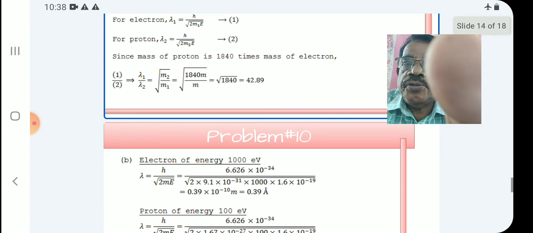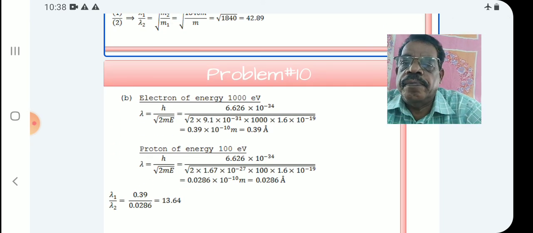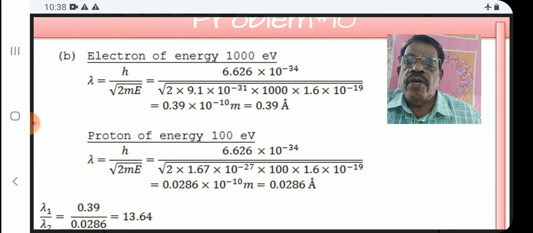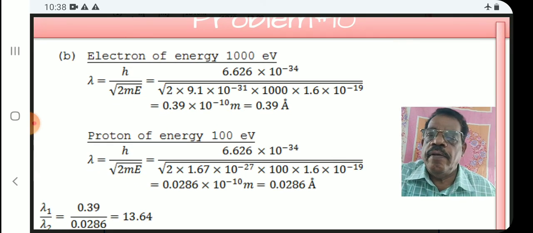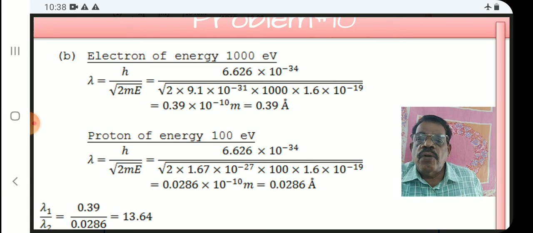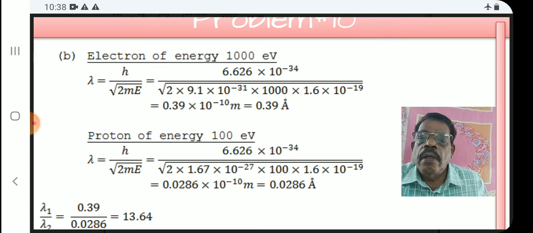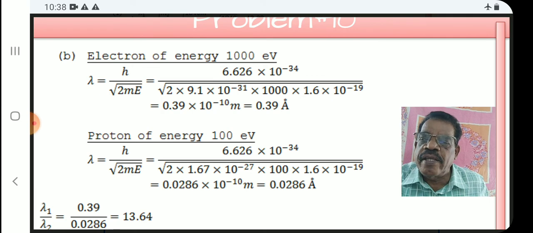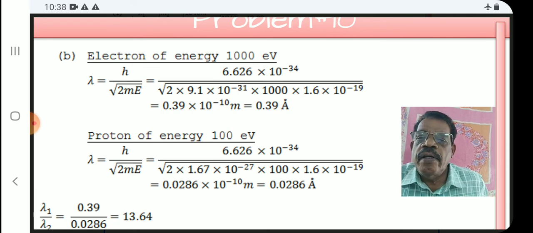And the next part is where electron energy and proton energy are given separately. Electron energy 1000 eV. So here we have to put 1000 eV energy, or we can write in the manner root 150 by 1000, or energy you convert into eV and calculate.